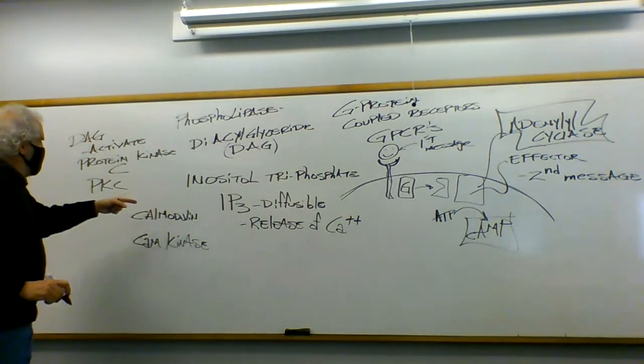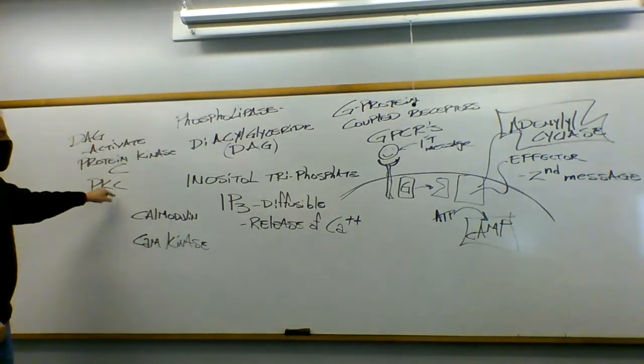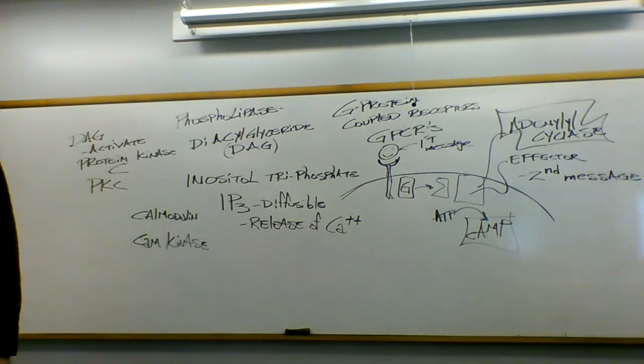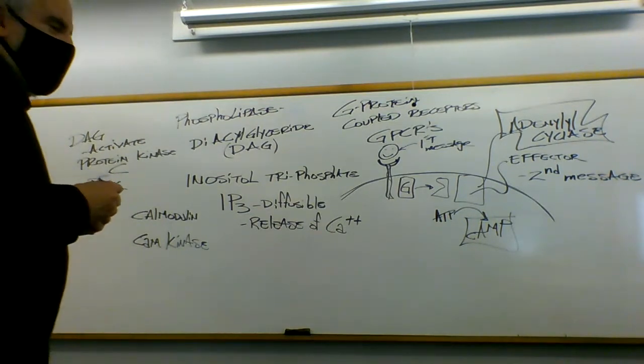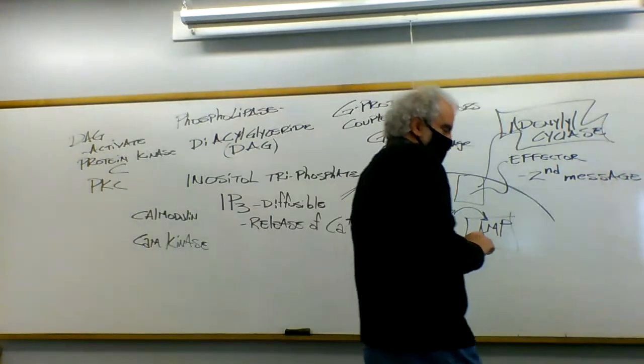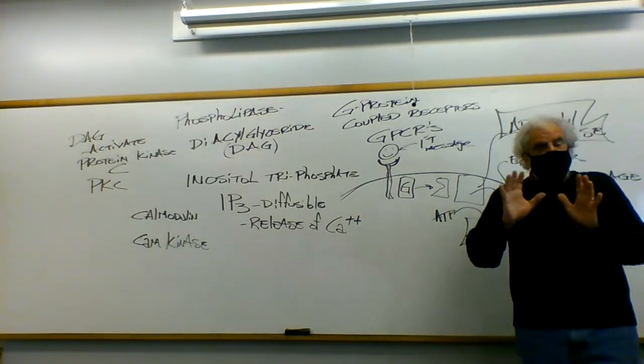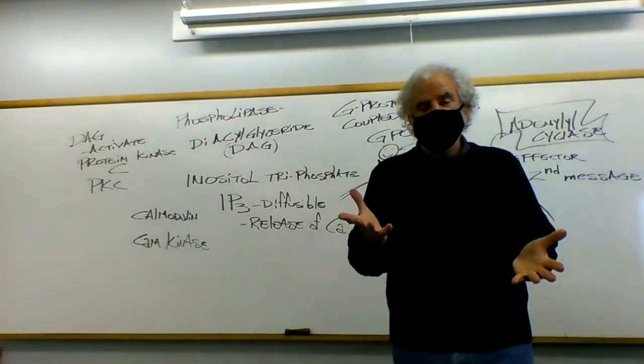So we've got PKC getting turned on, and calmodulin, which acts on a bunch of things and activates CAM kinase as well. So these are ways we can dramatically change the cell's metabolism in just a matter of seconds. Now, a couple of aspects of this.